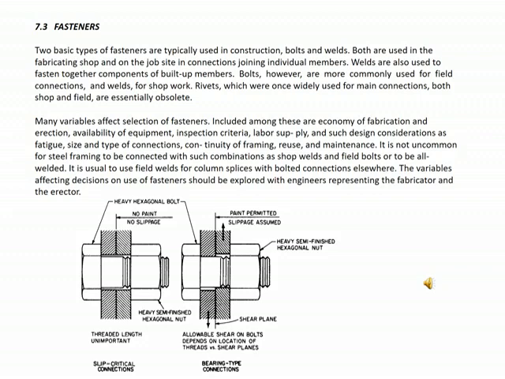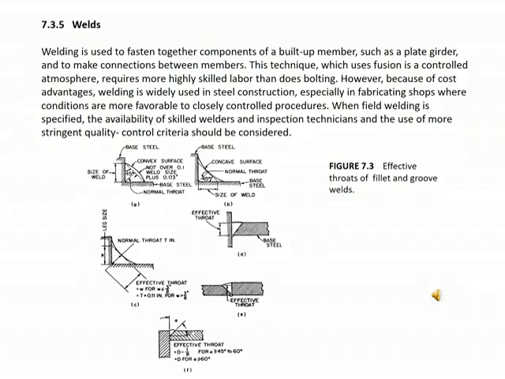Welding is used to fasten together components in the building, and members such as a plate are gathered to make the connection between the members. So welding is utilized to connect the members. This technique uses fusion in a controlled atmosphere and requires more highly skilled labor than bolting. So welding is a special kind of labor, whereas bolting is ordinary labor can make the bolt.